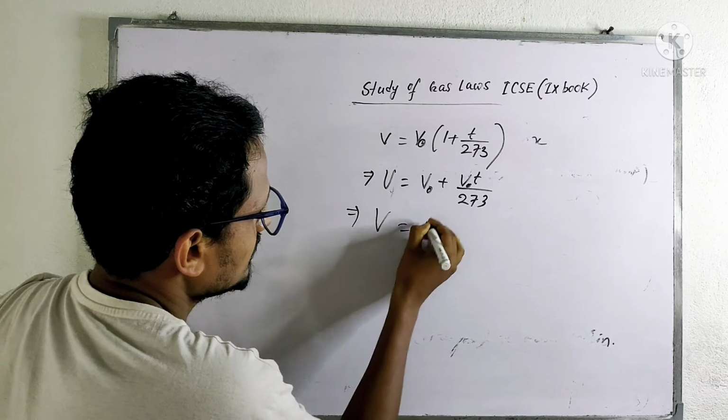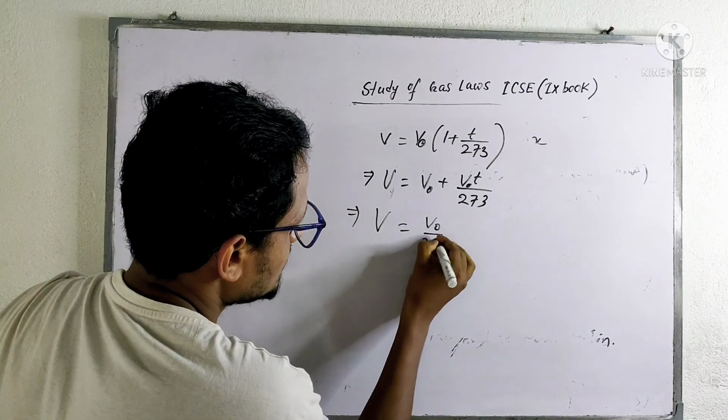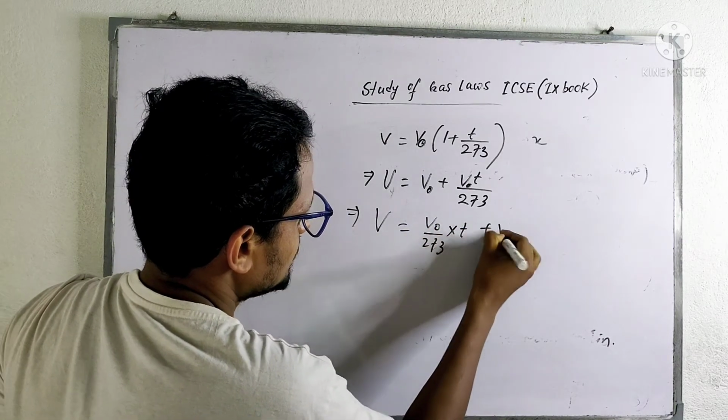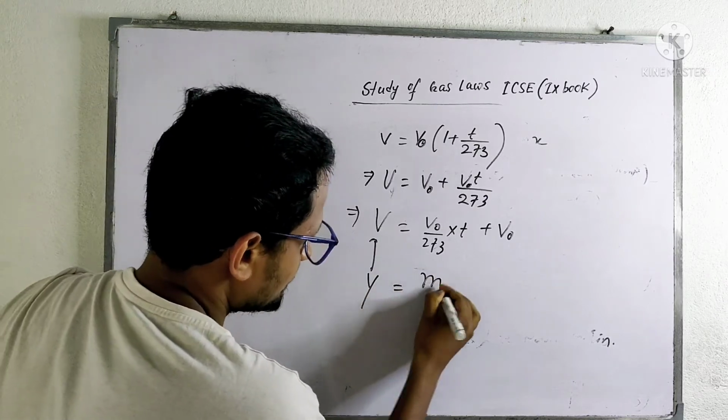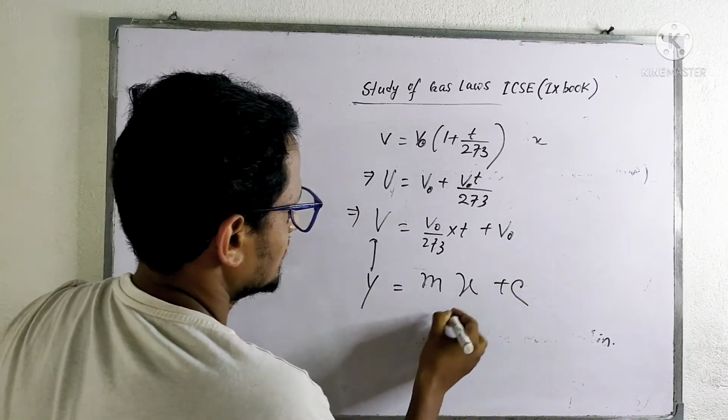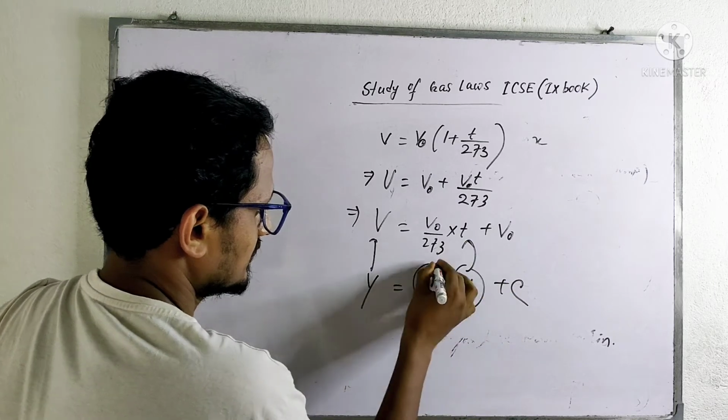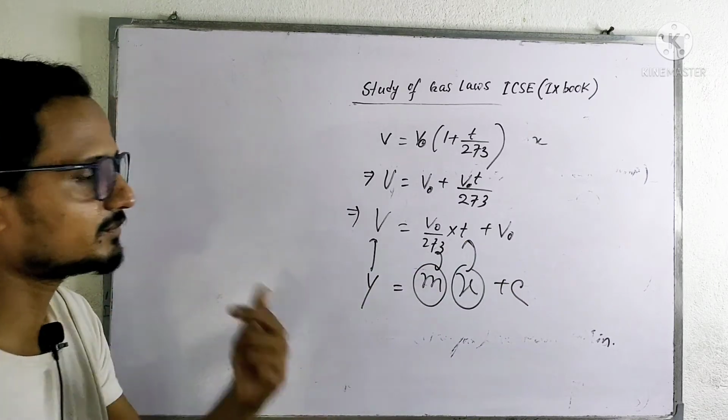So this equation can be compared with y equals mx plus c. How? V equals V0 by 273 into t plus V0. Here V is y, V0 by 273 is m, t is x, and V0 is c. So we can plot a curve.